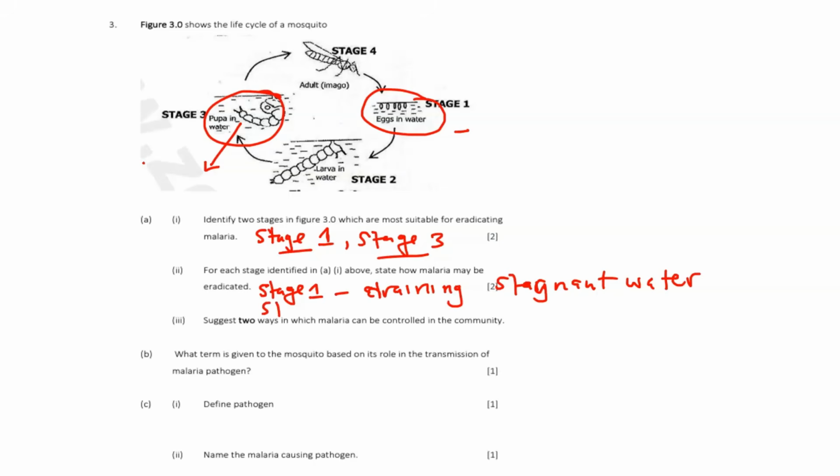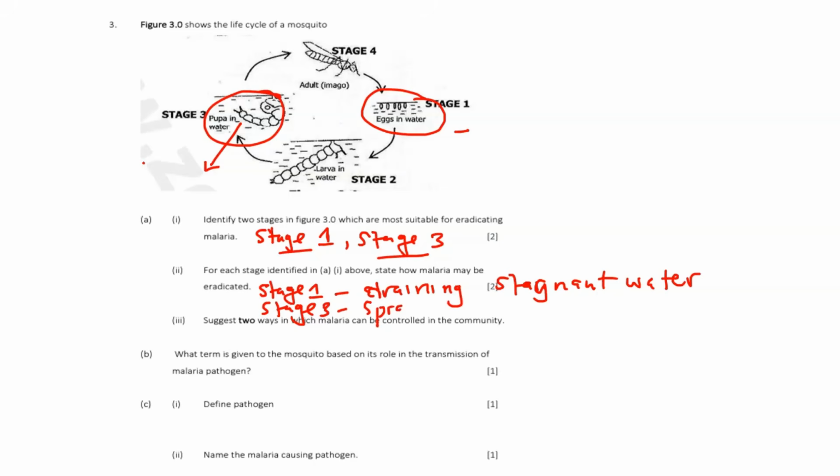Then what about stage 3, the other stage that we've chosen? How do you eradicate malaria at stage 3? For stage 3, we can look at spraying insecticide or larvicide in stagnant water.